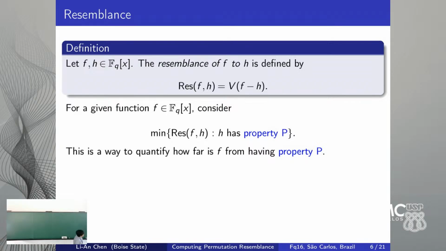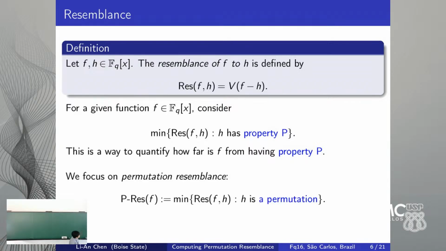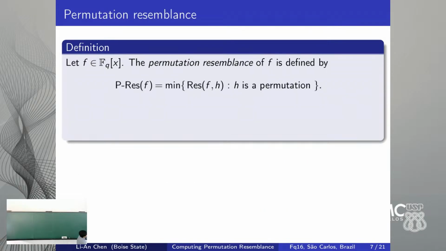So in this talk, we are considering something I call the permutation resemblance. I denote it by p of f, when I take this property p to be permutation. So if I fix f, then I look at the minimum resemblance of f comma h, where h belongs to all the permutations on that finite field. This is the definition I just covered.